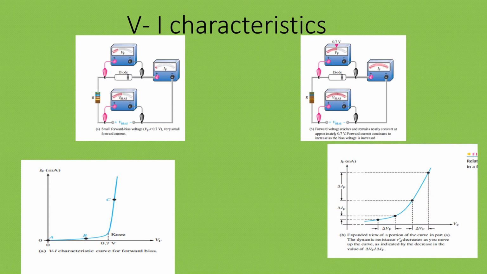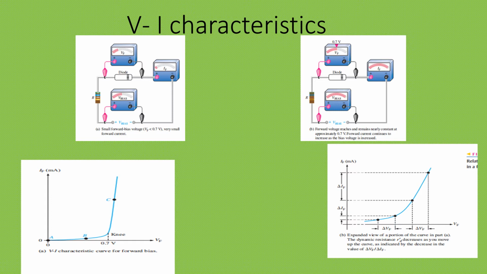Here forward bias voltage and forward bias current are plotted. VF is along the x-axis and IF is along the y-axis. If the voltage is below 0.7 volts, it is not sufficient for the diode to conduct, so the current is almost zero.